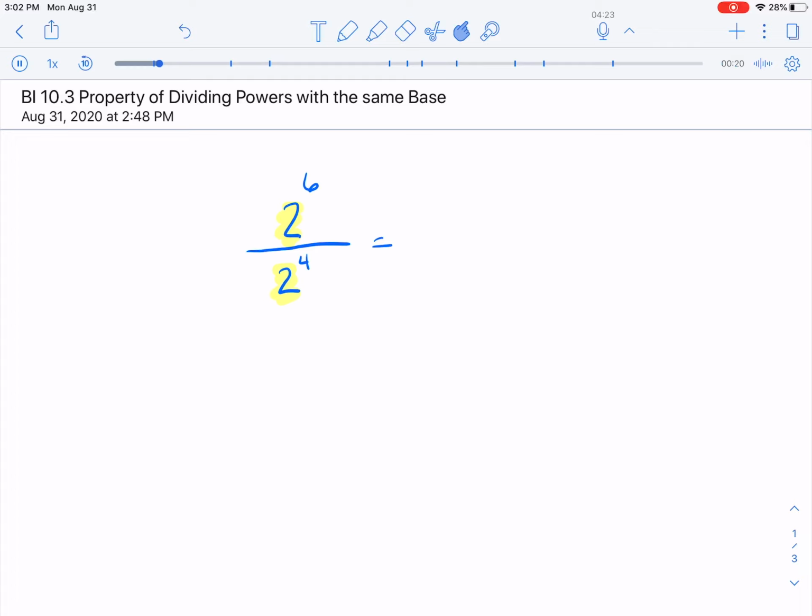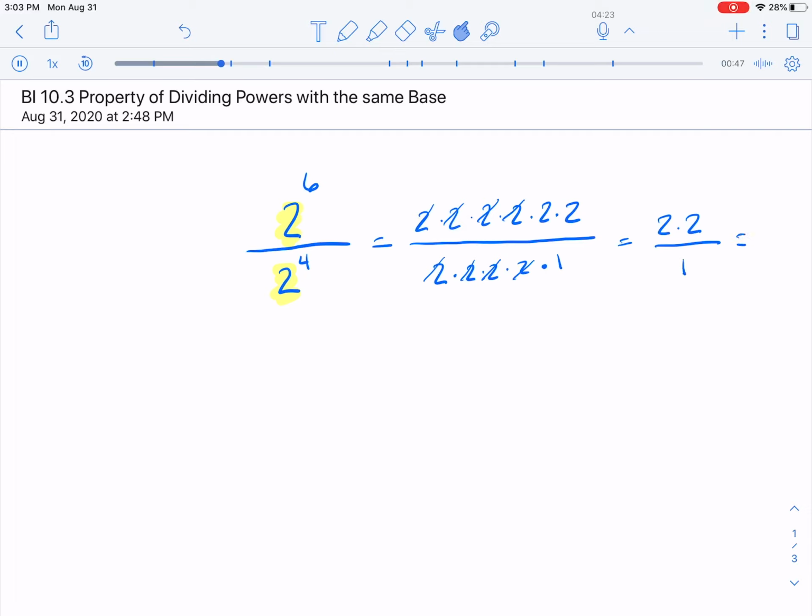This is equivalent to 2 times 2 times 2 times 2 times 2 times 2 divided by 2 times 2 times 2 times 2. And this can reduce down. It's going to cancel, cancel, cancel, cancel, cancel, cancel. We are left with 2 times 2 over, and of course we always have this multiplied by 1, so 2 times 2 over 1, which is 4.